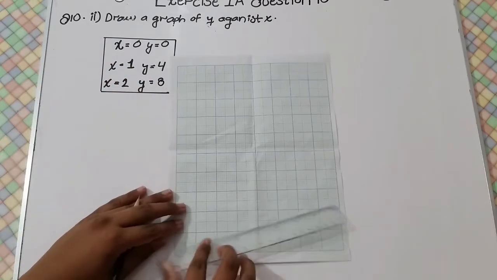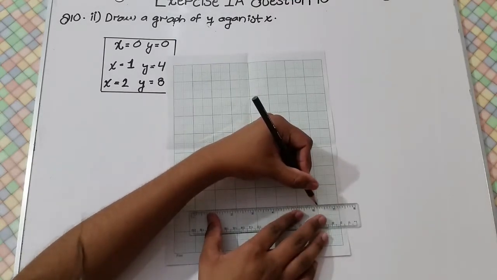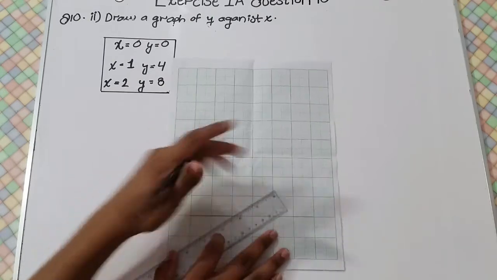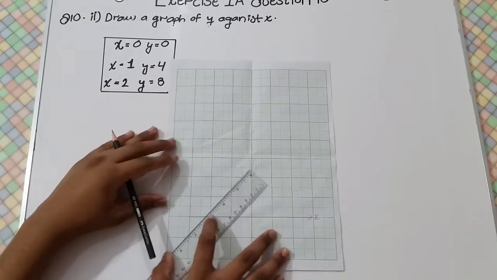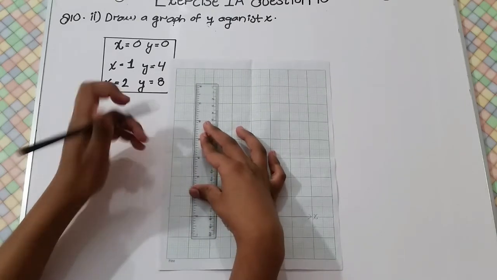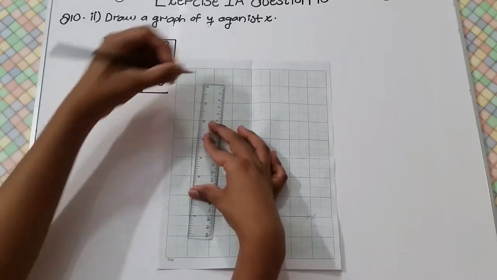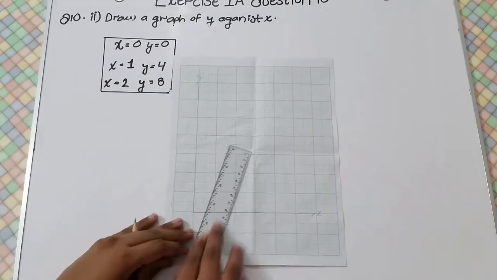First we are going to draw the x-axis and y-axis. Okay, this would be the x-axis, and this line would be the y-axis.